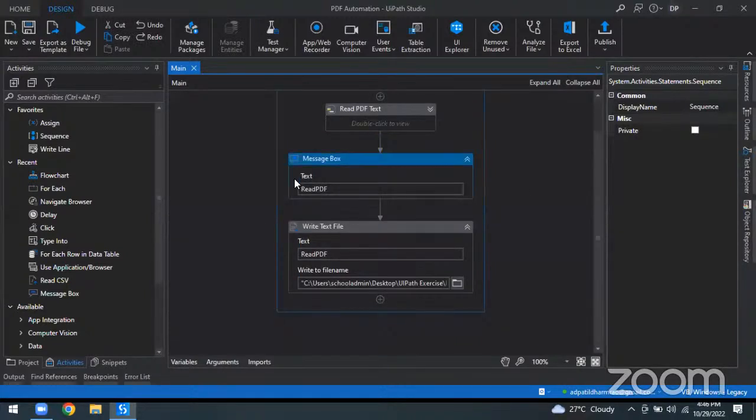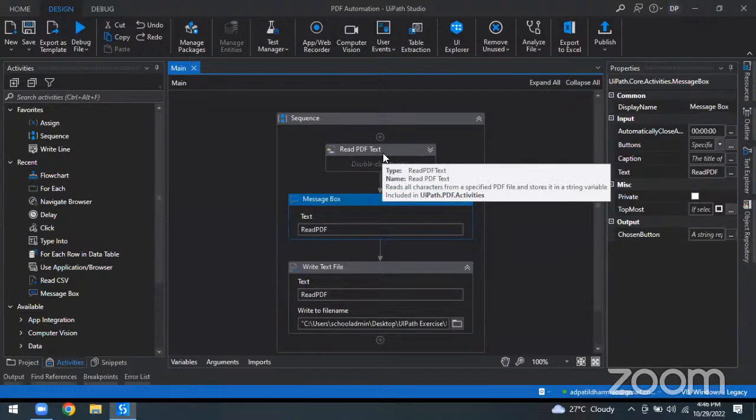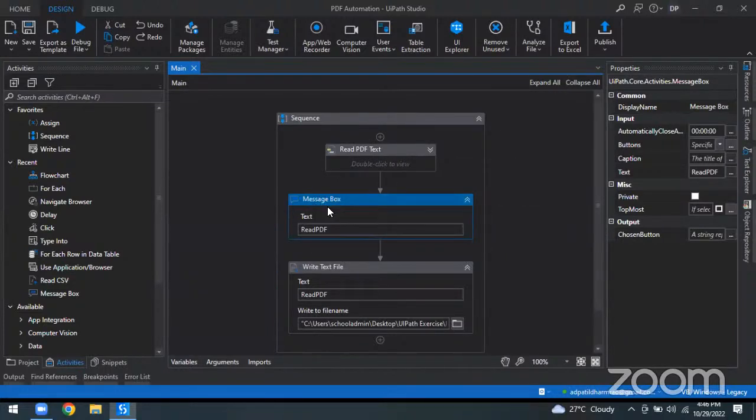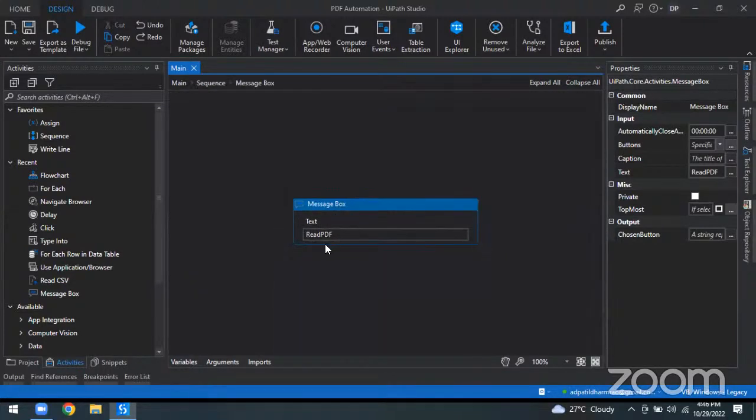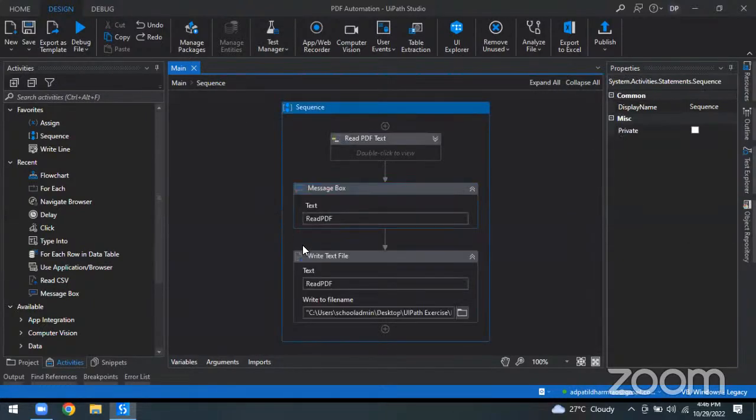This is a flow, ma'am, where we have taken Read PDF Text, ma'am. After that, we have a message box. In the message box, we have the read PDF text. In that sequence, we have added Write Text File. Here we have taken an empty file, ma'am. We will get the output, ma'am.